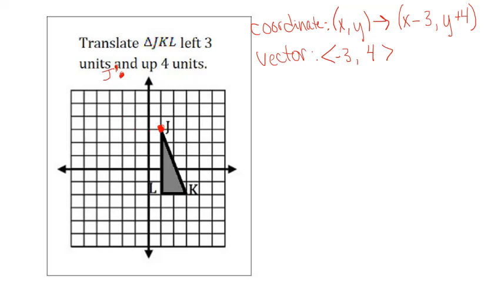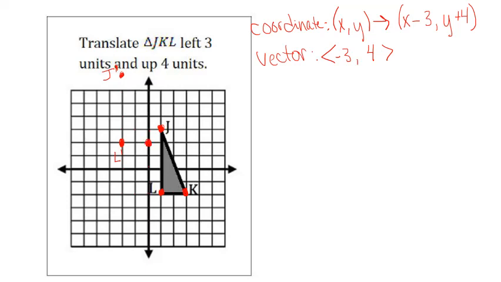So let's move L now. L's down here. We're going to move left 3, 1, 2, 3, and up 4, 1, 2, 3, 4. So this is our new location for our L coordinate. So we mark it L prime. And now let's do our last point on the triangle, K. We're going to move it 3 units to the left, 1, 2, 3, and then from here up 4, 1, 2, 3, 4.